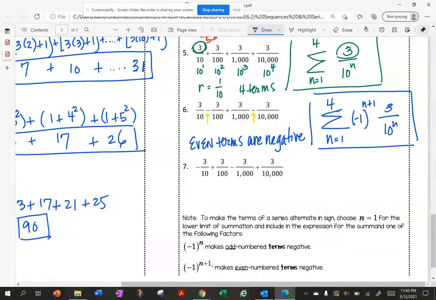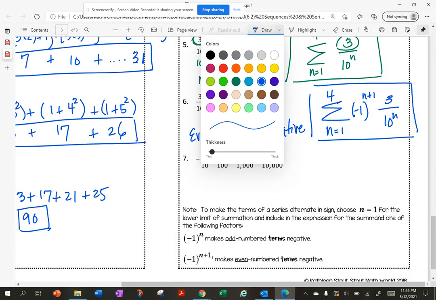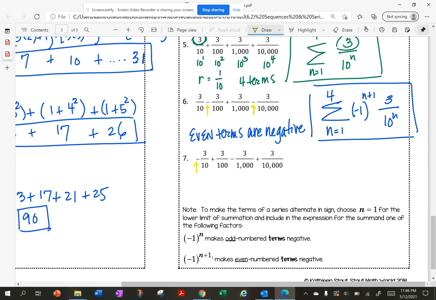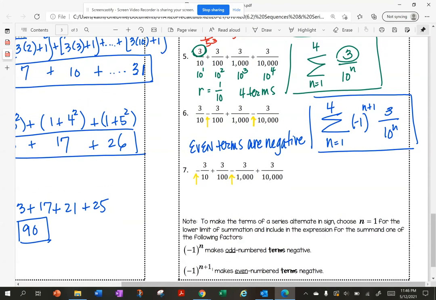And then let's take a look at if instead my odd terms are negative.